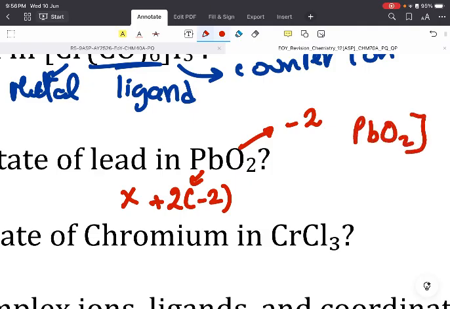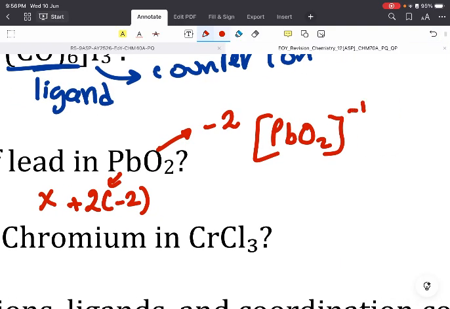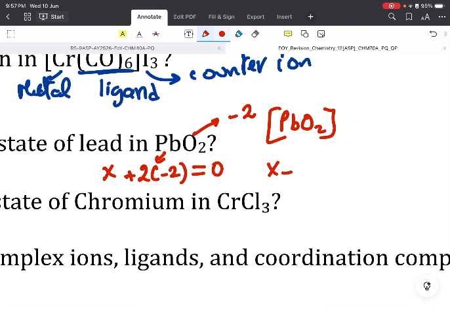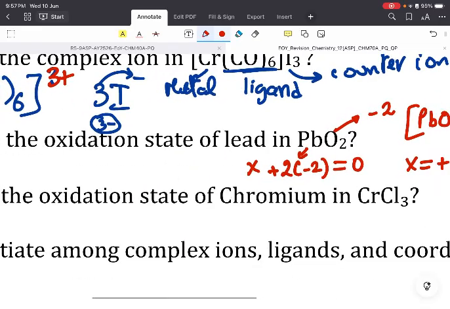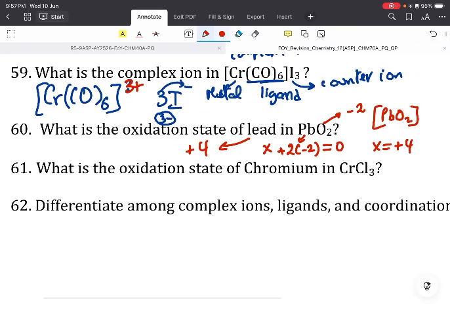Lead oxide is a neutral compound because there is no charge written next to it, so this is equal to 0. Solving for this, you get X to be +4. So the oxidation state of lead in this compound is +4.